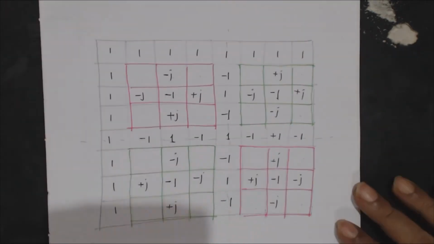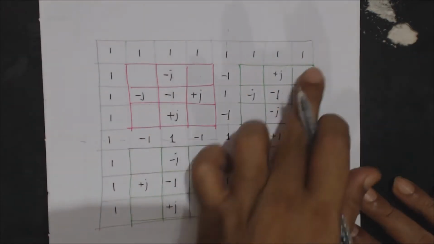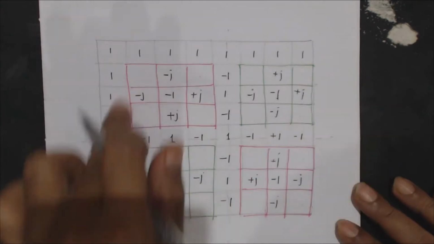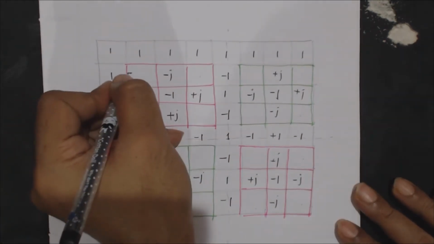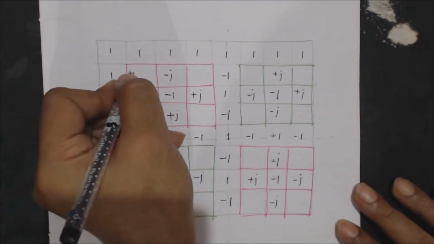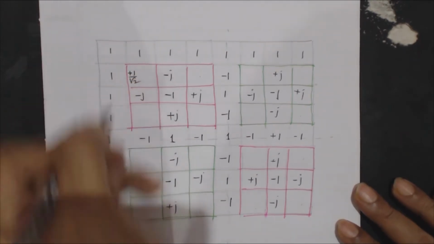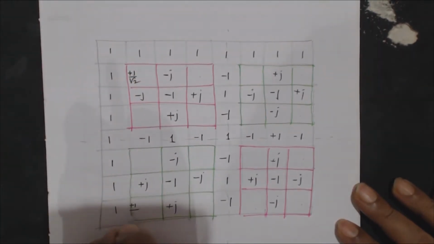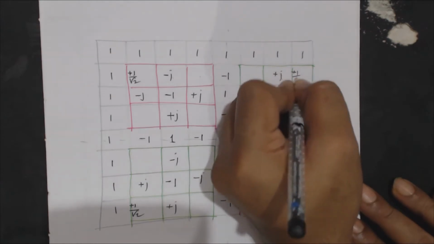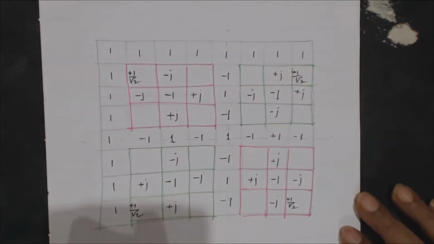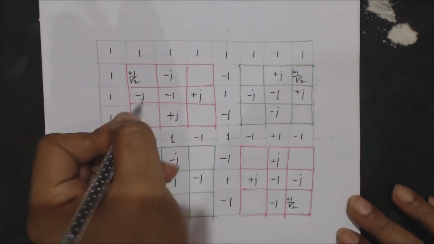Now remember, for all these boxes, the outer corners will always have a positive real part, plus 1 by root 2, plus 1 by root 2, plus 1 by root 2, plus 1 by root 2. Okay, now look at this box.